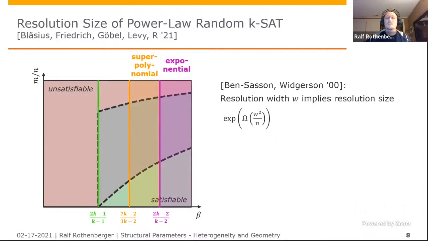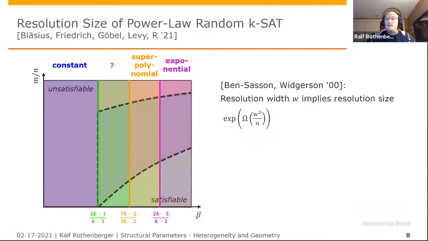And below (2k-1)/(k-1), we have constant resolution size. So there seems to be a transition going on where resolution size increases with the power law exponent. And in that area in between, we still don't know what happens. It could be that there's some kind of sweet spot where resolution size might be polynomial, but I personally doubt that.